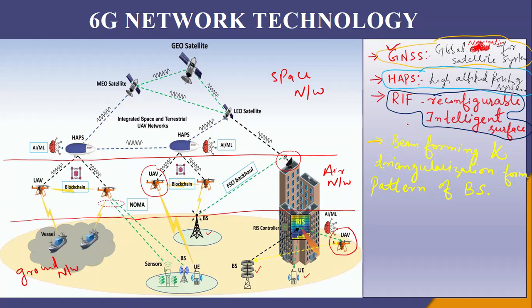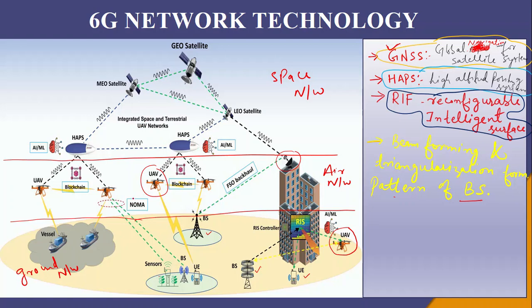So here one more thing is beamforming and triangulation from the triangulation pattern of base stations. Basically here every UAV and every antenna forms its beam for serving its particular user in its particular region, and all these are interconnected with the help of the triangular pattern.